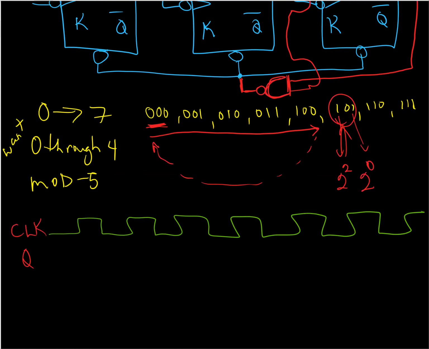You've got Q0 toggling, and you've got Q1 and Q2. So initially they're all 0.